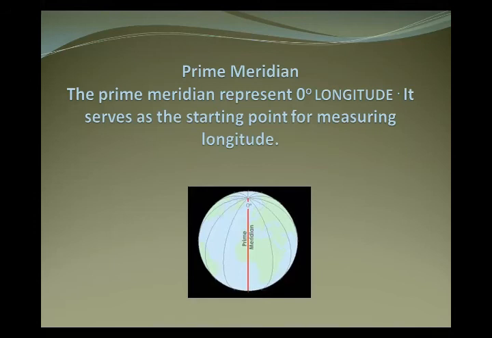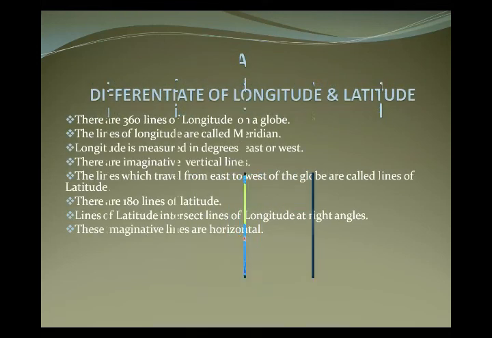Now move further. That is the difference between the longitude and latitude. There are so many differences, but I am highlighting some points. There are 360 lines of longitude on a globe. The lines of longitude are called meridians.